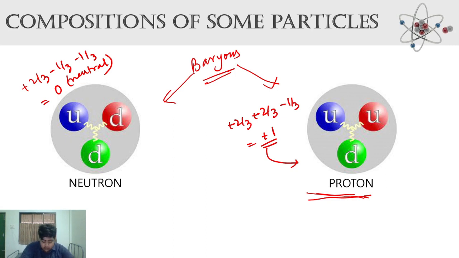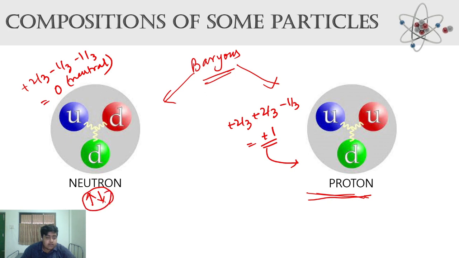First we will start with neutron. For neutron, the spin is half. So how does the spin of half come? We have one up quark and one down quark.